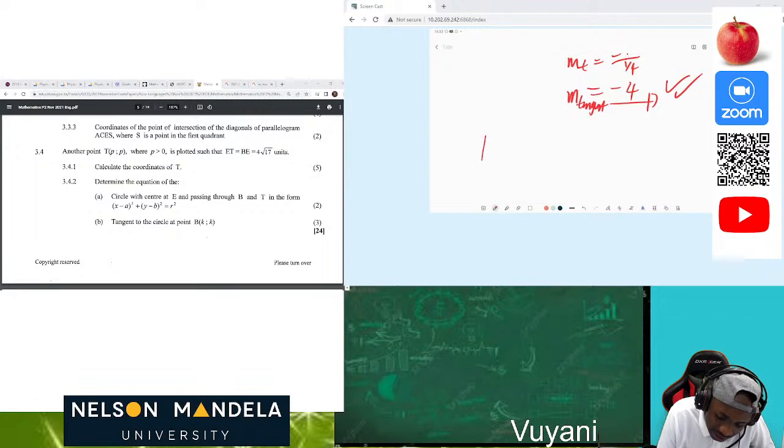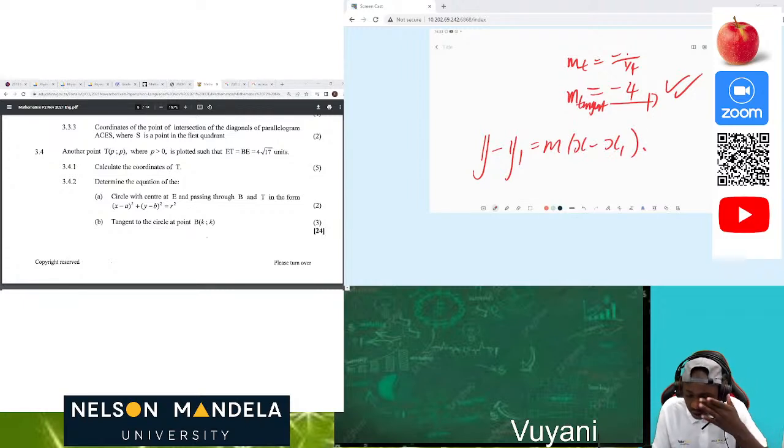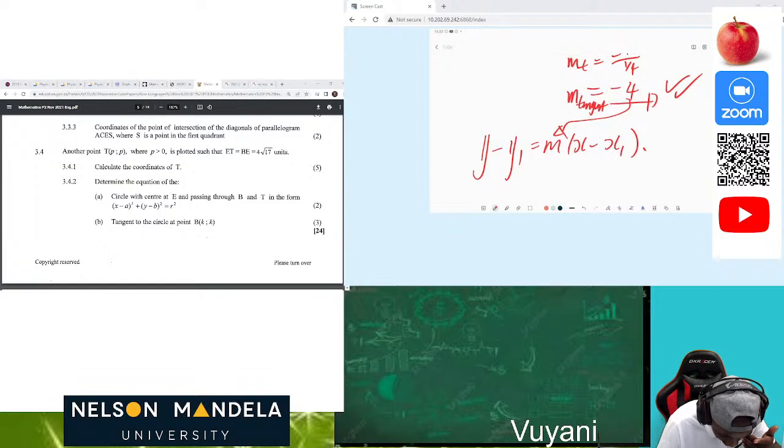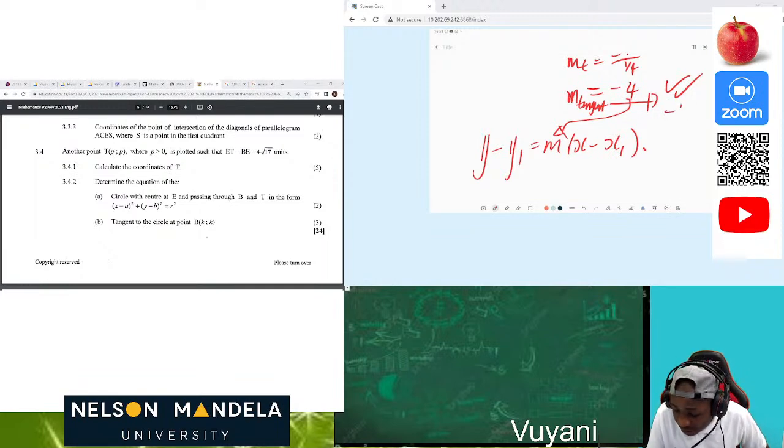Now we can calculate the equation y minus y1 is equal to m(x minus x1). So now our m is the gradient, so we can now substitute the point. Okay, so we can use the coordinates of B, because that's the point on the tangent.